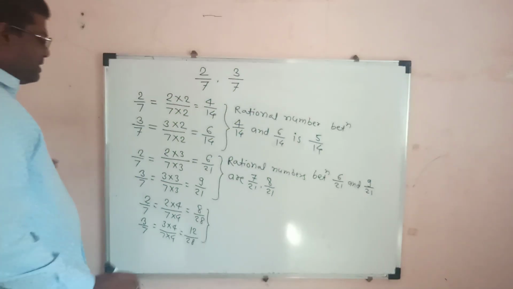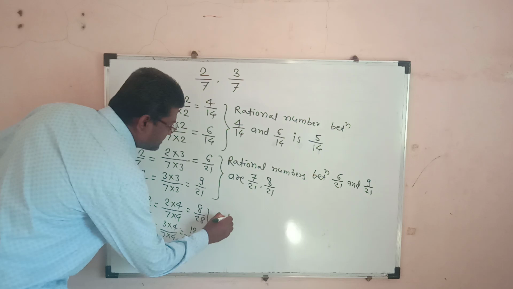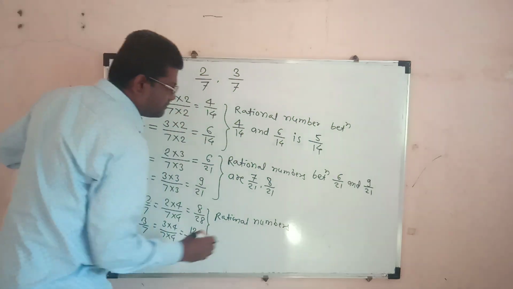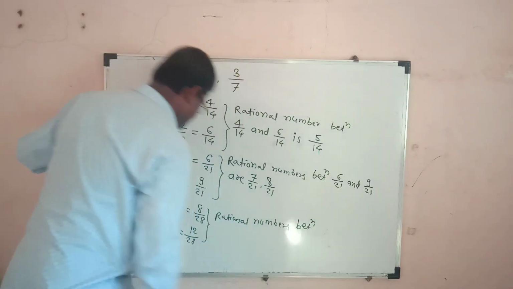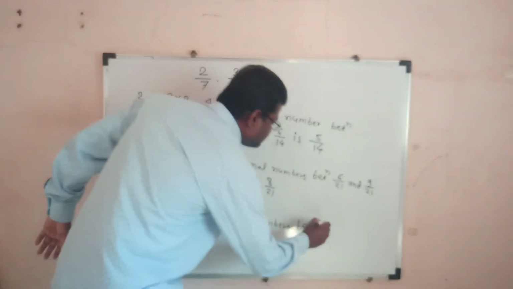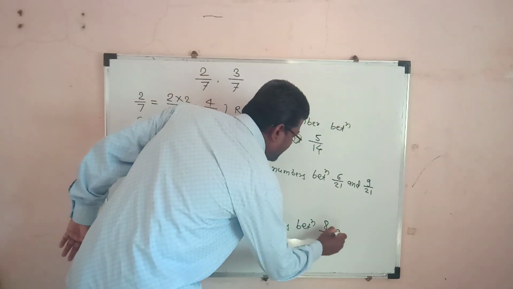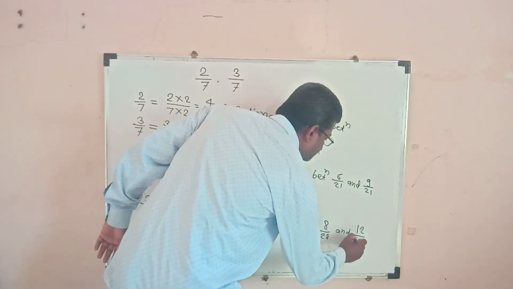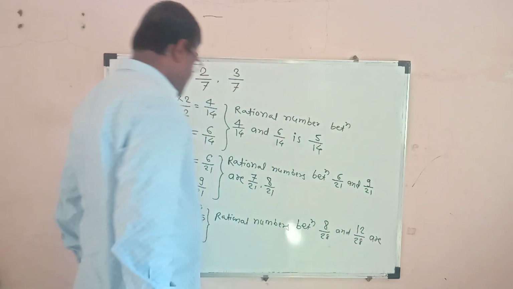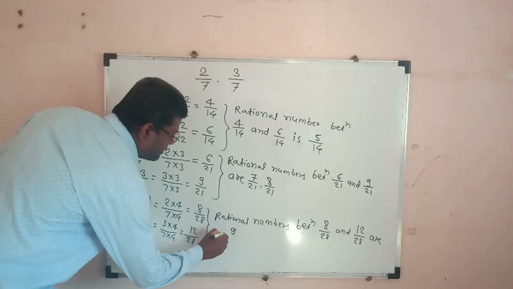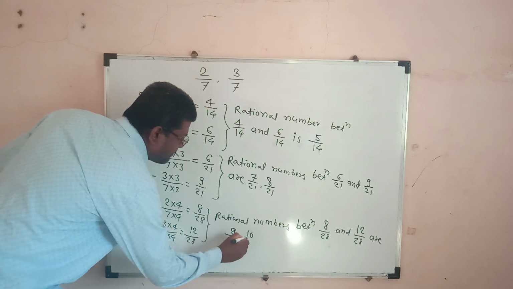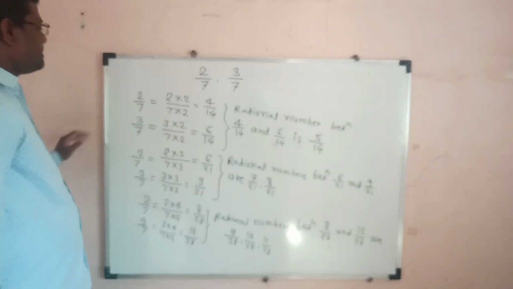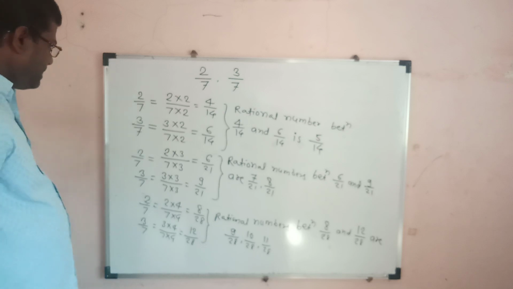So thus we find rational numbers between 8 upon 28 and 12 upon 28. They are 9 upon 28, 10 upon 28, 11 upon 28.